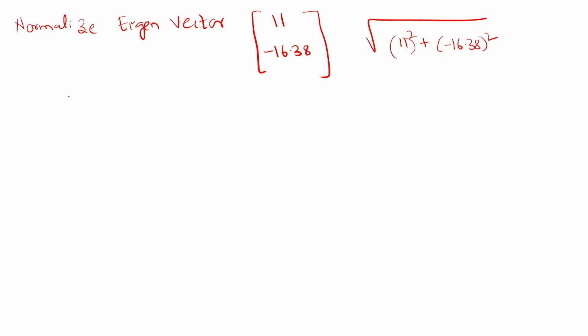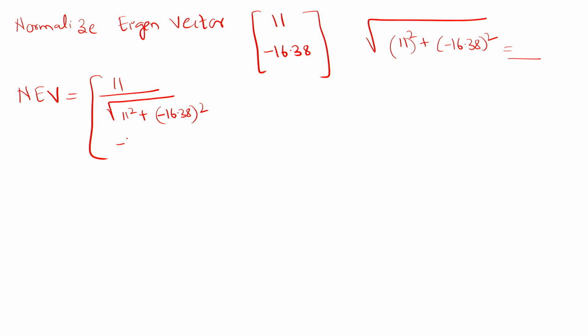Then you divide by this. So, the normalized eigenvector becomes 11 divided by square root of 11 square plus minus 16.38 whole square, and in the same way minus 16.38 divided by square root of 11 square plus minus 16.38 whole square.